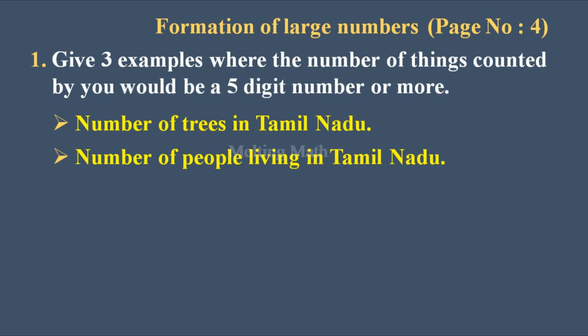That is definitely more than a 5-digit number, so I write this as the second example. Next, another example: the number of stars in the sky. In the sky there are so many stars, so I write it as the third example, because that crosses the 5-digit number. That's the answer for this first one.